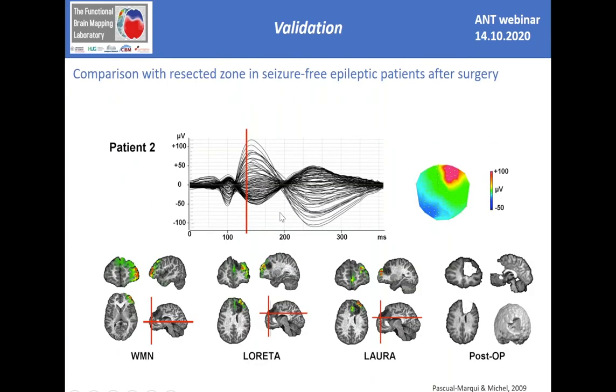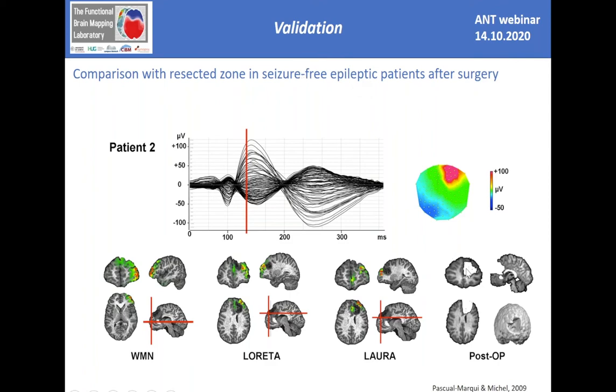So I want to dive more into validation. As I said before, so far, it was just arguing with plausibility, right? But we can do more hard facts validation. One example I want to show here is comparing the localization results with the resected zone in seizure-free epileptic patients after surgery. So those were patients that suffered from epilepsy, they were undergoing surgery, and after surgery they were seizure-free, right?